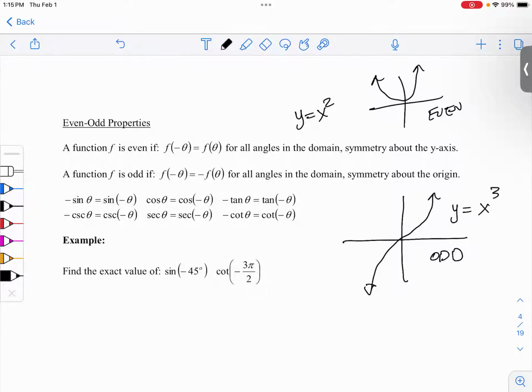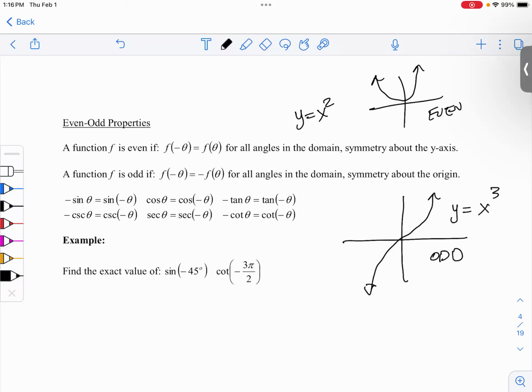That is the definition of even and odd, but it was never really helpful to us with the polynomials and algebraic functions we looked at. With trigonometric functions, since we're always finding angles, being able to pull that negative sign out to the front is very, very helpful. Be aware, this is just another shortcut for graphing the angle and using a reference angle.